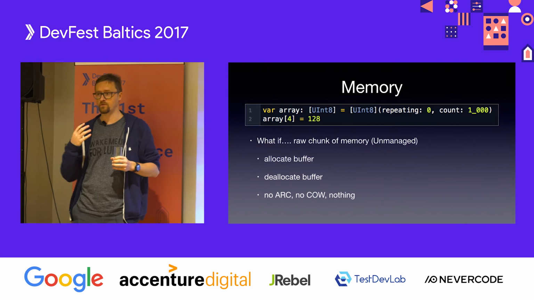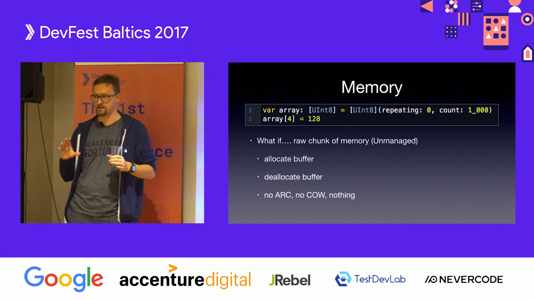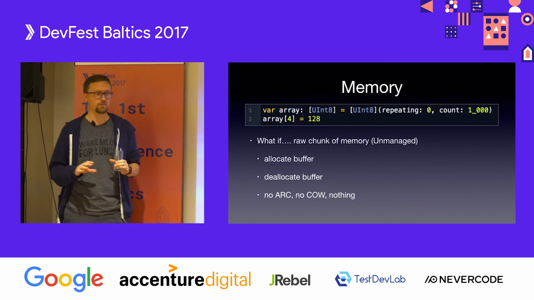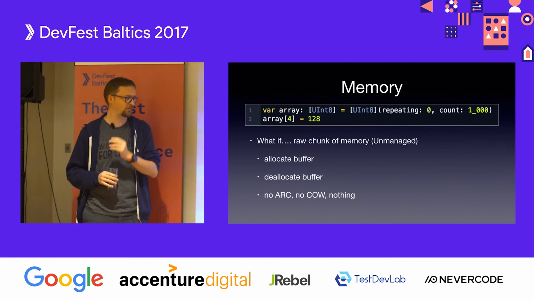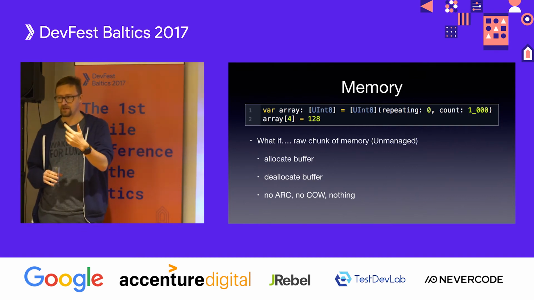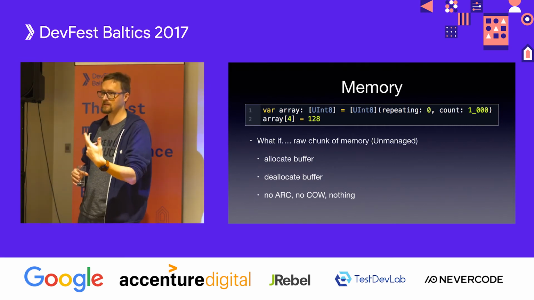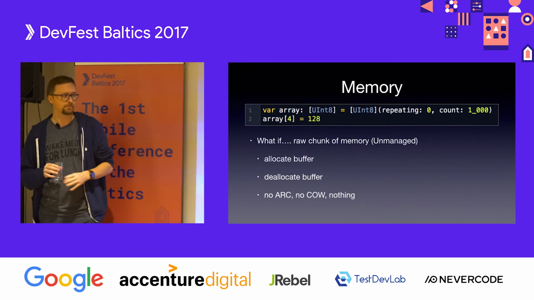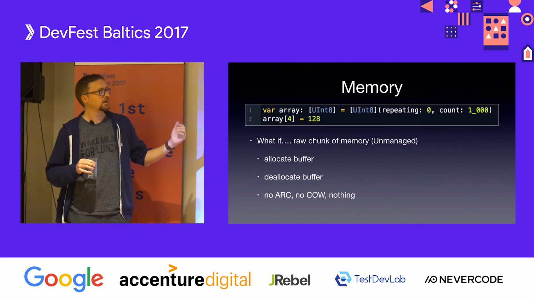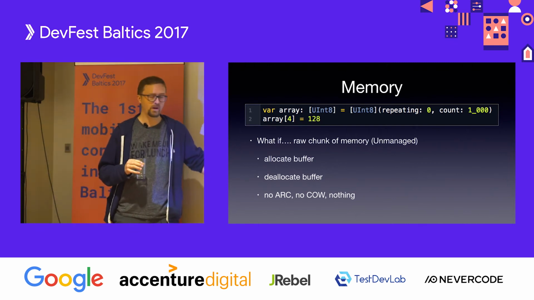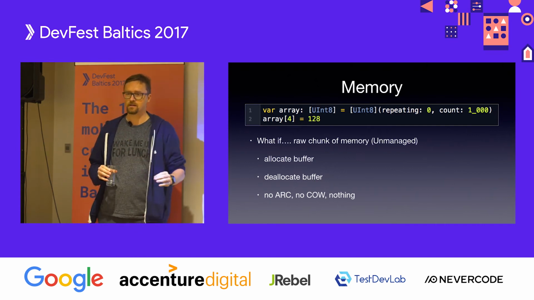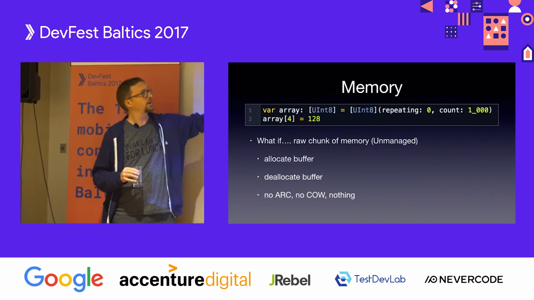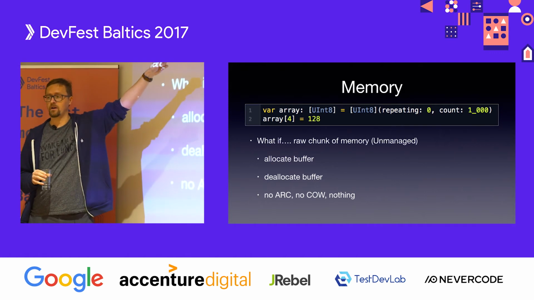I can go with raw memory, the old school C way of dealing with memory. It's unsafe, of course. It will be unsafe something. So I create a buffer, allocate it, use it, and deallocate it. Why do I do that? When I modify the bytes inside that block, normally it will cause the copying of the array.